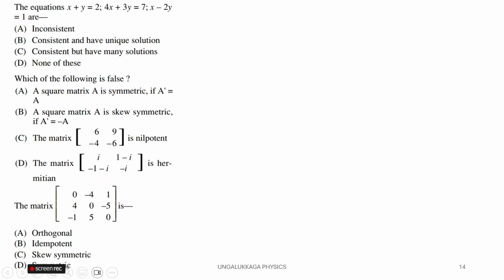Now here we have some basic ideas. In the case of the first question, let me write here. We have three equations and two unknowns.